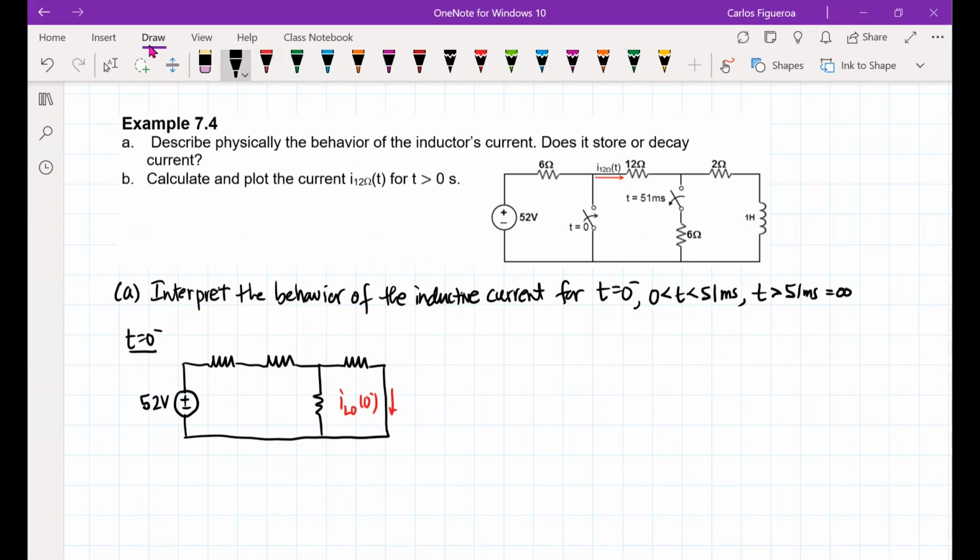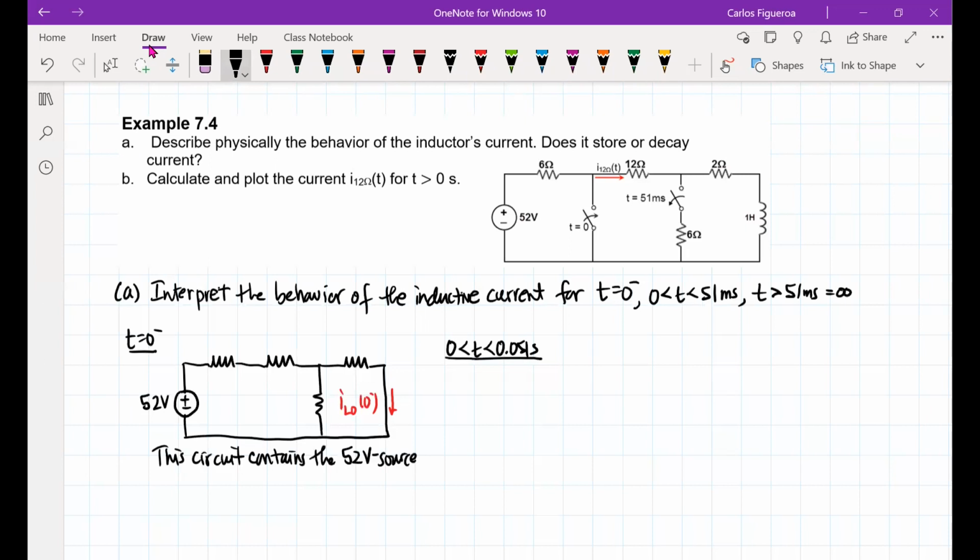So in this case, this circuit contains the 52 volt source. Now look what happens at t equal to 0: the 52 volt is shorted out. So when I look at this time interval, the 6 and the 52 volt source are now gone.